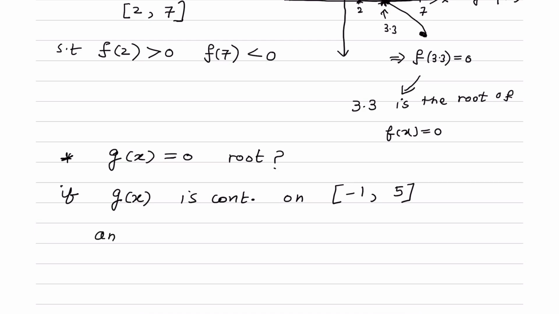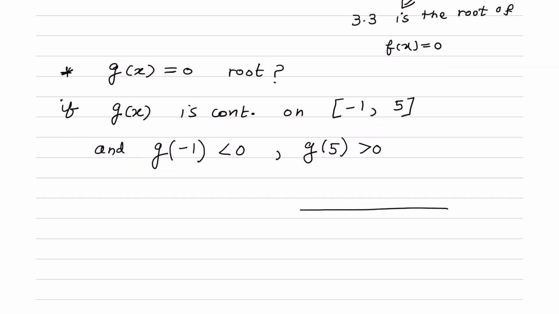And on one end of this interval, that is -1, the value of the function g is, let's say, negative, and on the other end, g of 5 is positive.